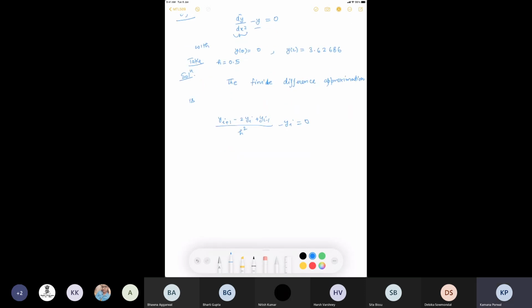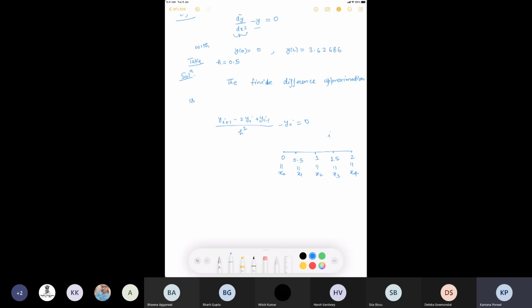Basically one end is 0 and the other is 2, so how many points are we going to have? With 0.5, then 1, then 1.5, and then 2, this is x0, x1, x2, x3, and this is x4.